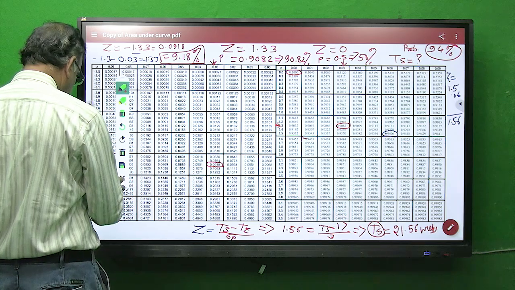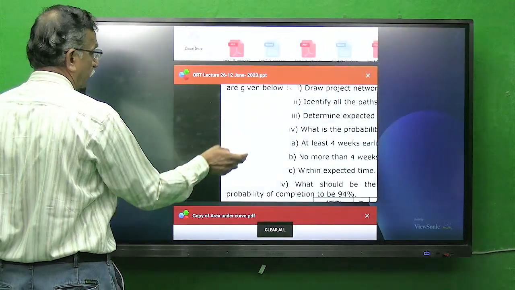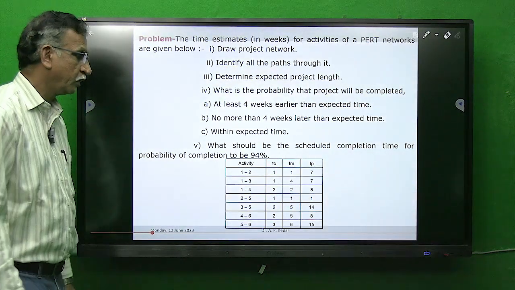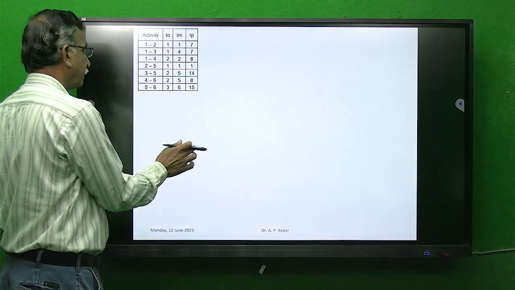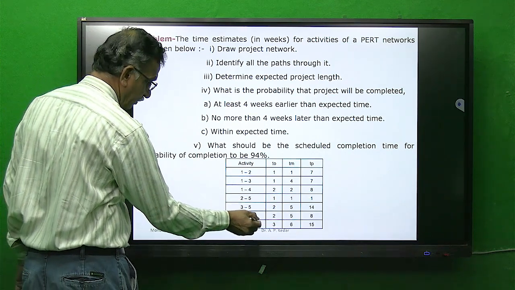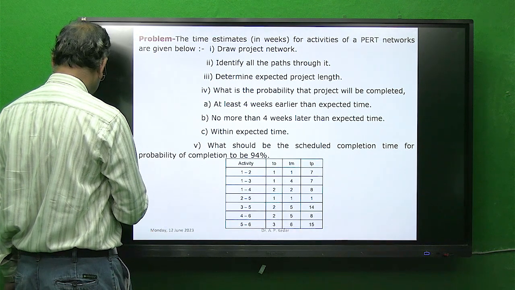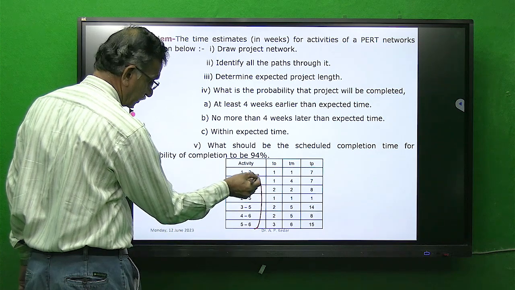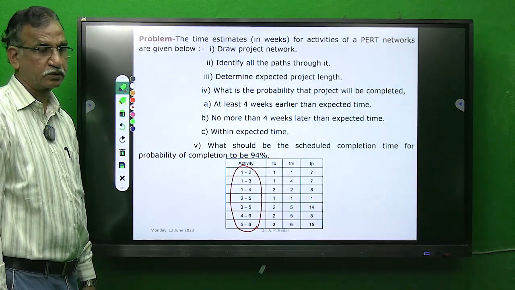So now, this was our problem. Now suppose in this particular problem, what was given is activities in this category. Activities were given in this category, like this.